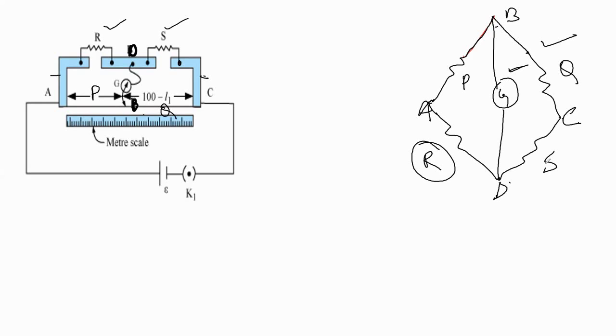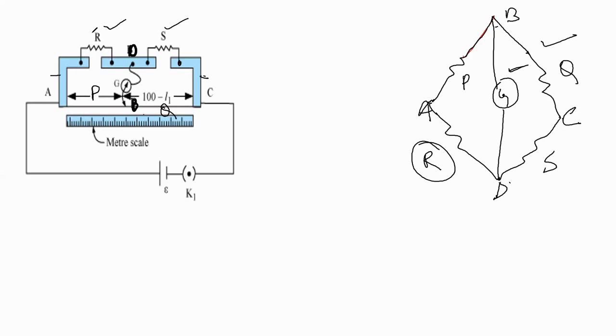This meter bridge or slide wire bridge is used in the physics lab to find out the value of an unknown resistance. S is our unknown resistance wire connected between these two screws, and between these two screws the resistance box is connected.